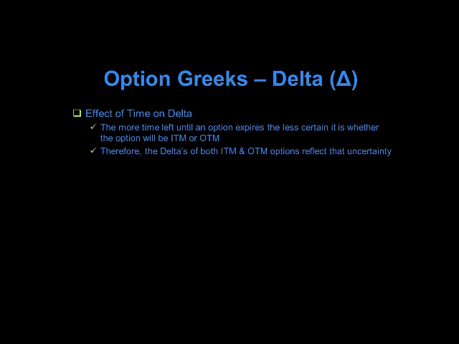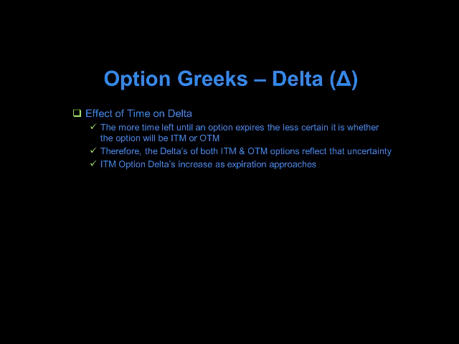Now, the other one that I want to talk about is the effect of time on delta. The more time left until an option expires, if you think about it logically, the less certain it is whether the option will be in the money or out of the money. Therefore, the deltas of both in the money and out of the money options reflect that uncertainty. In the money option deltas increase as expiration approaches.